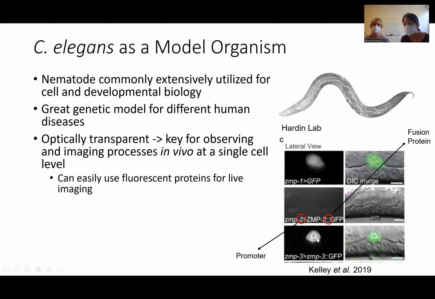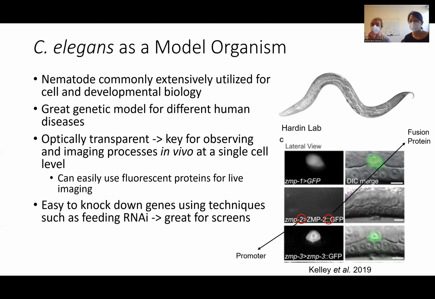So in this case, this shows the actual localization of ZMP3 in anchor cells. So throughout the paper, you'll sometimes see the greater than sign. Just remember that's a promoter driving whatever is downstream. And sometimes you'll see the double colon, which is a fusion protein. So that's usually a functional protein that has a GFP tag on it that lets you know where that protein is localized.